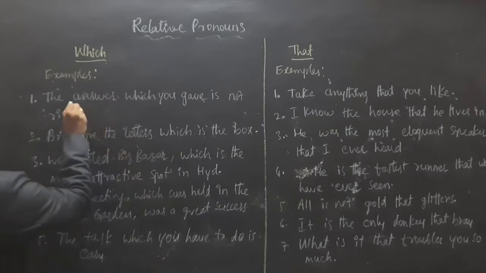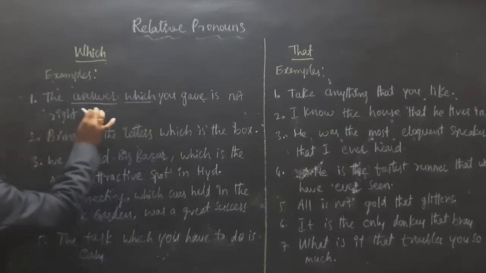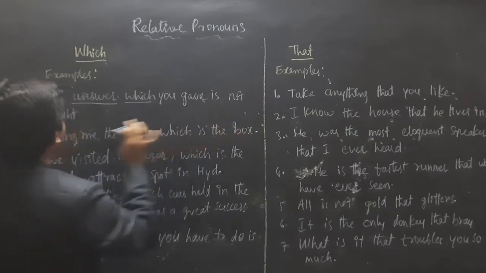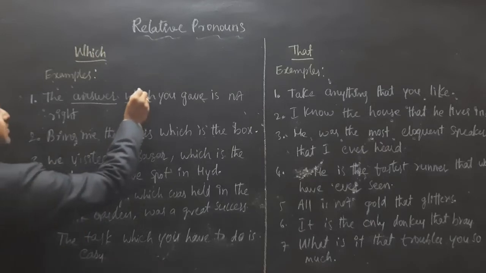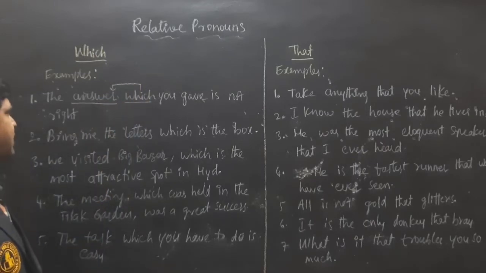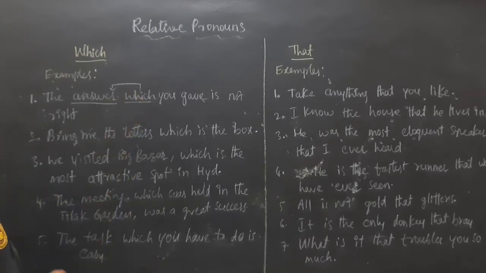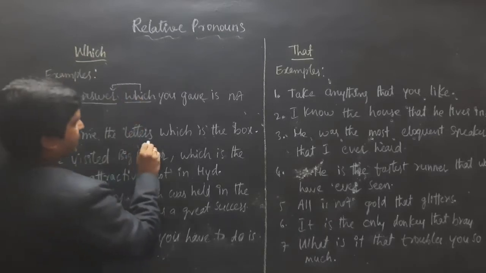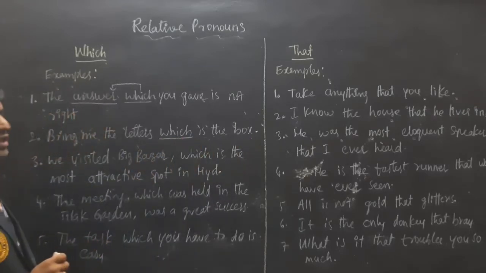Here we are speaking about the answer, and which refers to that answer. Here it is in the subjective case. Bring me the letters which are in the box. Here we use it in the objective case.